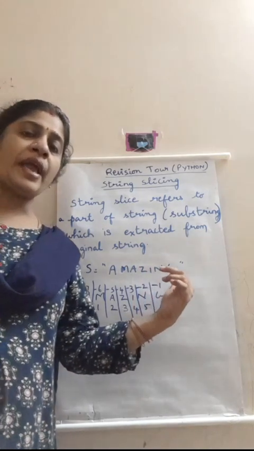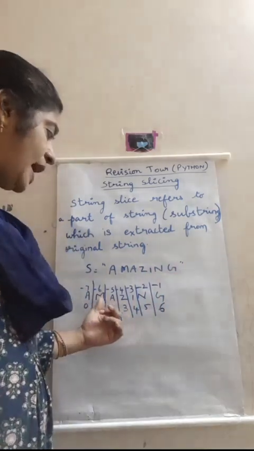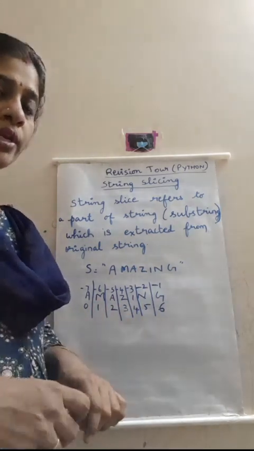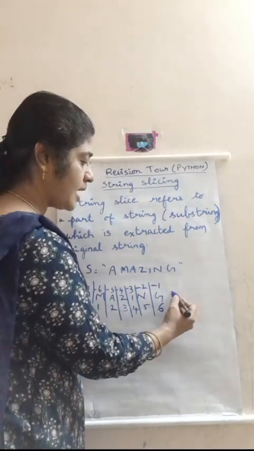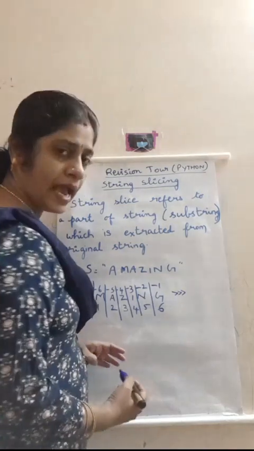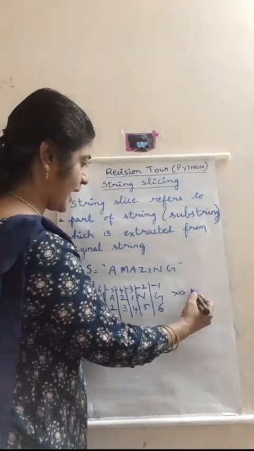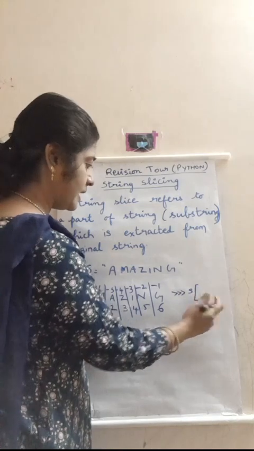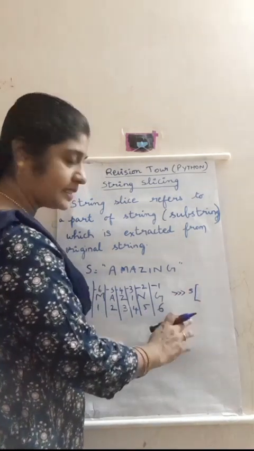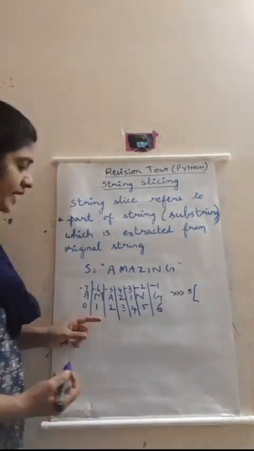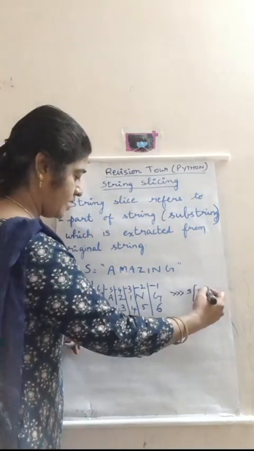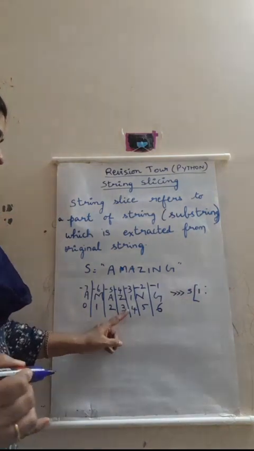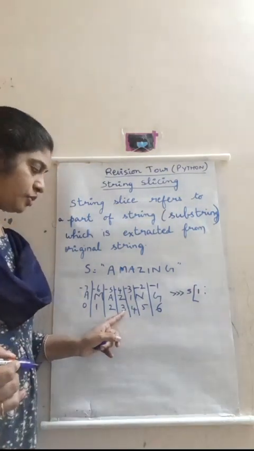Now if I want to extract the string maz, how will you do it? In the prompt I can directly write s of, and here you have to specify the starting index. The starting index of m is 1 and you have to extract up to 3.